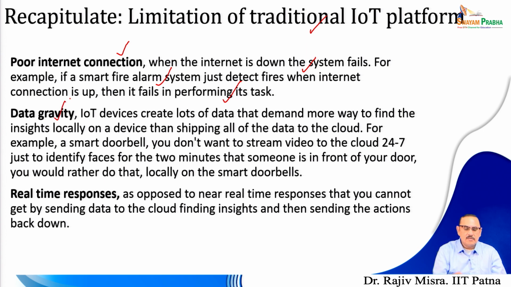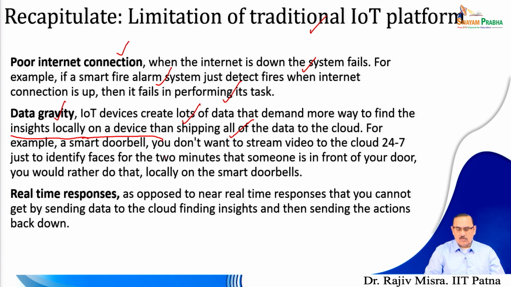The other important limitation of the traditional IoT system is data gravity, that is, IoT devices create lots of data that demand more ways to find insights locally on the device than shipping all the data to the cloud. Sending the data to the cloud sometimes becomes unnecessary and also leads to data gravity.